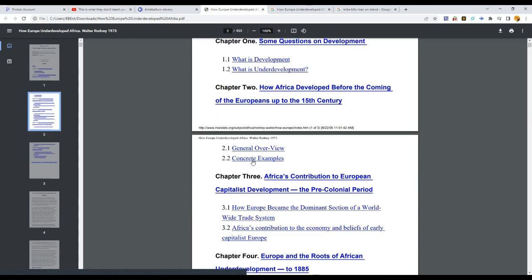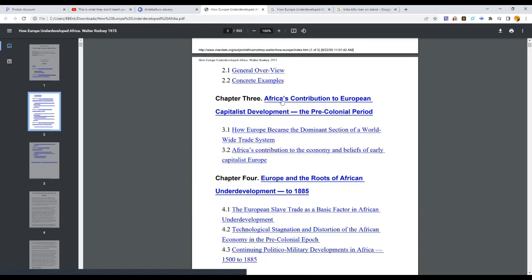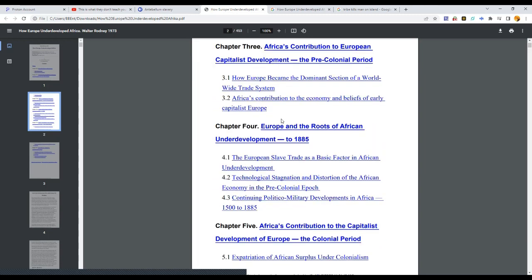Chapter 2, general overview, and then concrete examples. Chapter 3, Africa's contribution to European capitalist development, the pre-colonial period. How Europe became the dominant section of a worldwide trade system. That's 3.1. 3.2, Africa's contribution to the economy and beliefs of early capitalist Europe.